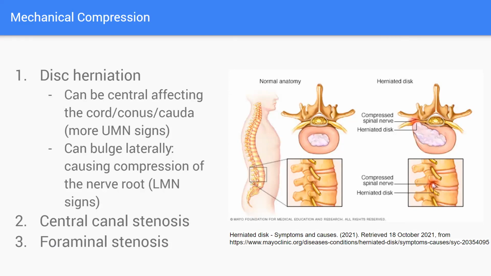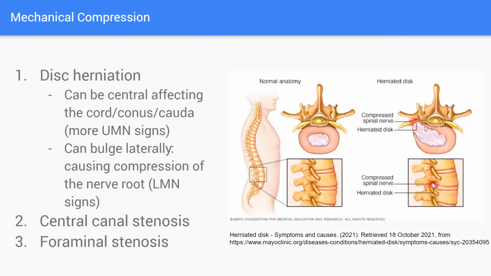And disc herniation is something that we can see in younger people as well as older individuals, whereas something like central canal stenosis or foraminal stenosis is much more common in older individuals when they have osteophyte formation causing a narrowing and compression of the spinal cord subsequently.